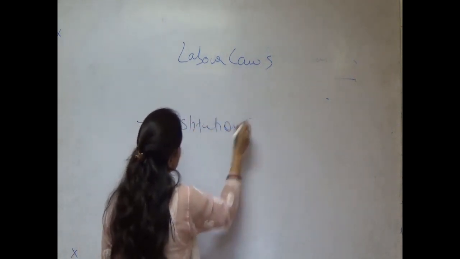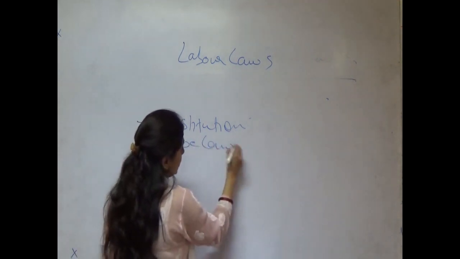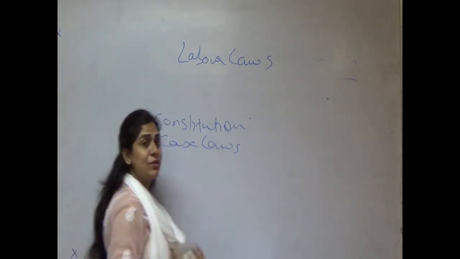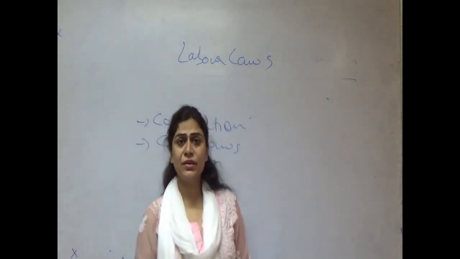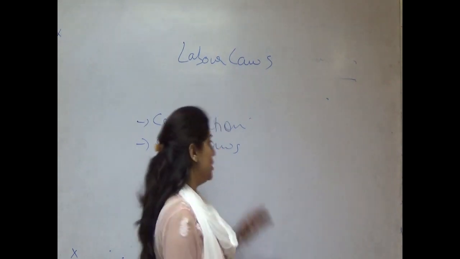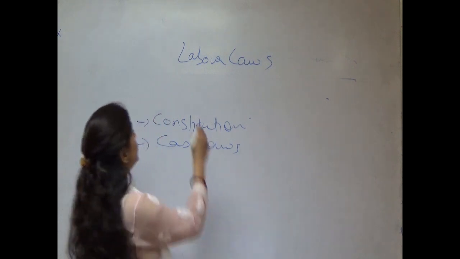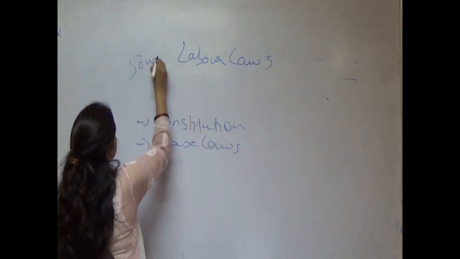And our constitution speaks about various rights: right to equality, right against exploitation, rights of women, right to speech, the fundamental rights. So the Indian constitution was one of the backbones, that is, one of the sources of the labor laws.